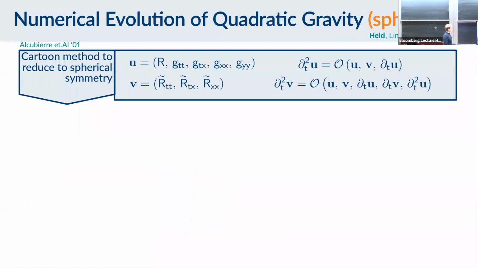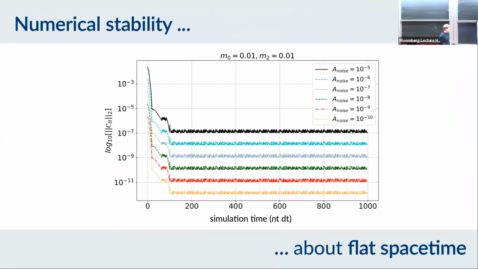I'm not going to take you through the whole spherically symmetric procedure in favor of time. This is actually now a simulation, and what you see is a convergence test of that simulation. So you see the Hamiltonian constraint in that theory as a function of the evolution time. And you see that the constraint violations decay in a nice way. If I change the initial amplitude of my noise, so I can impose numerical noise at a certain amplitude, I can see that the noise behaves in a controlled way.